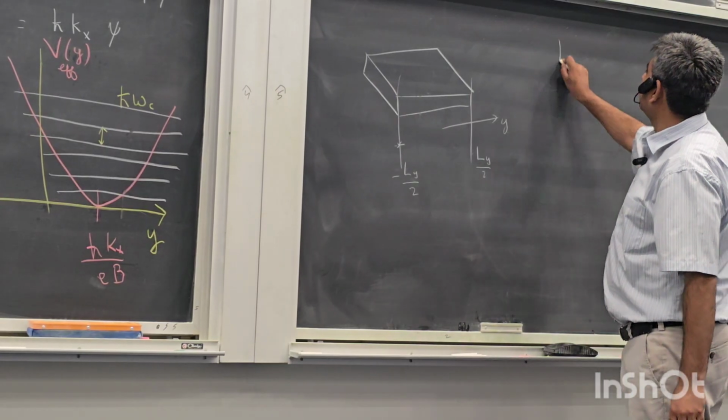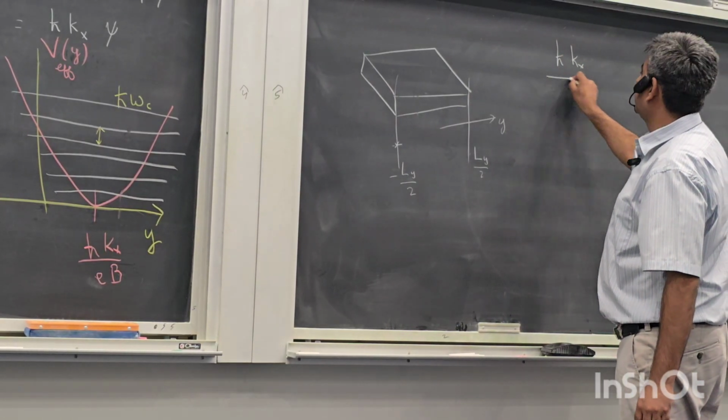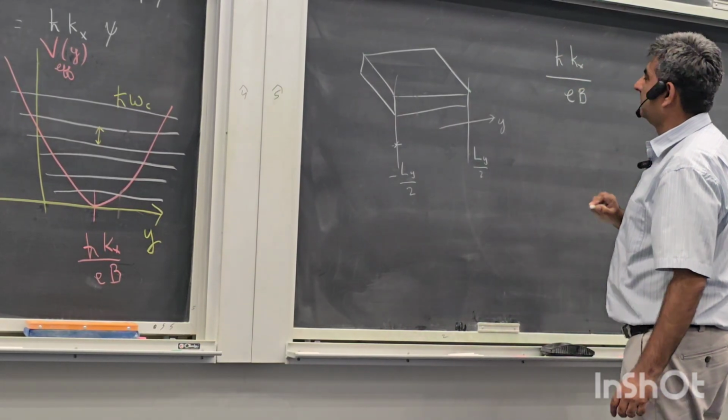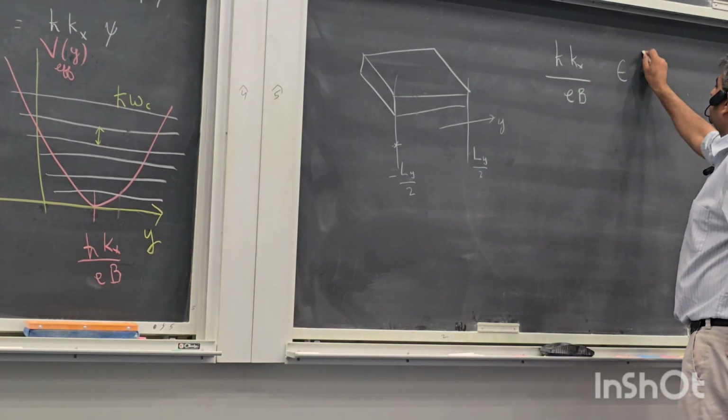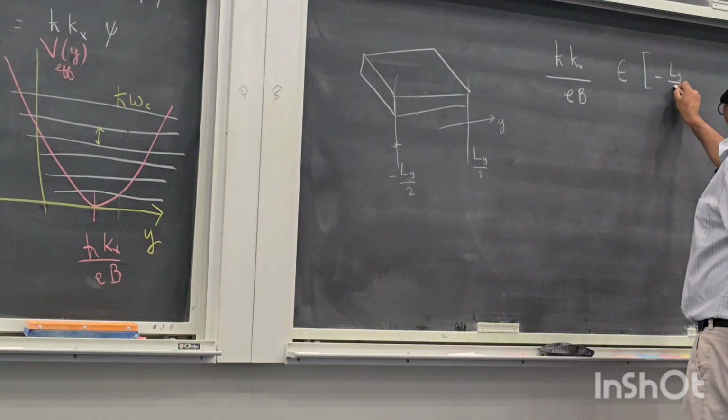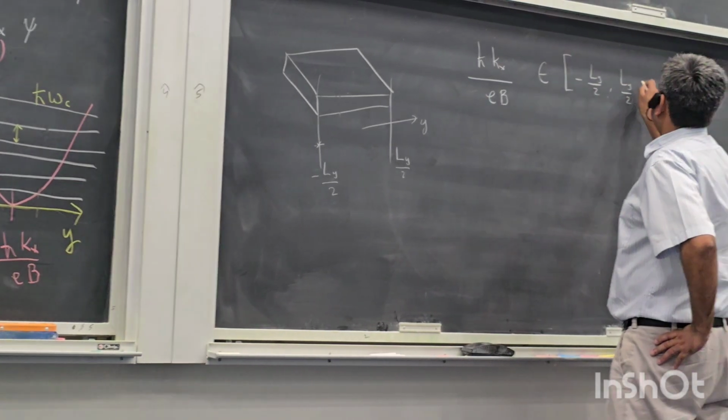So this h bar kx over EB must really lie inside minus Ly over 2, Ly over 2.